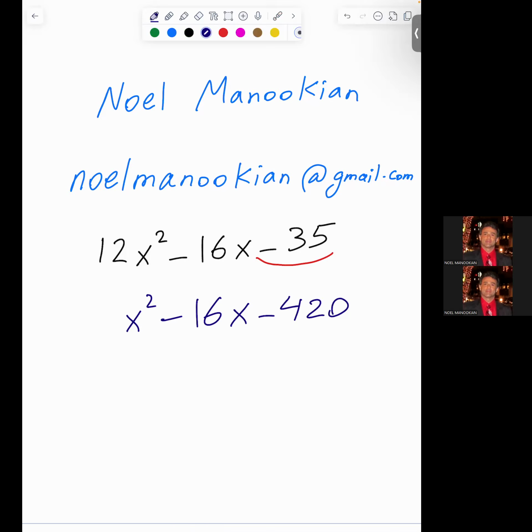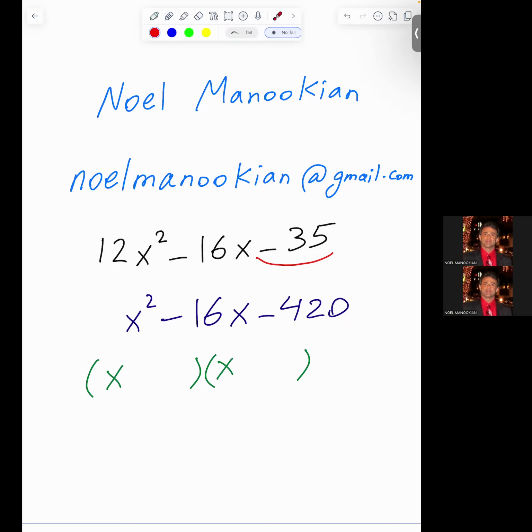In order to factor this expression, I'm going to use two parentheses. Since now I have 1x squared, obviously I need x and x here. That gives me x squared.